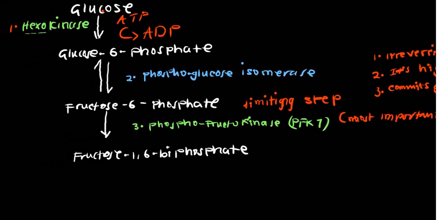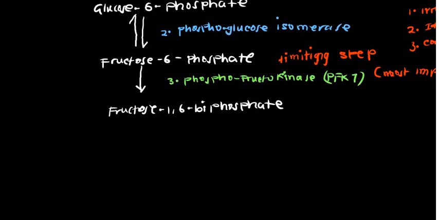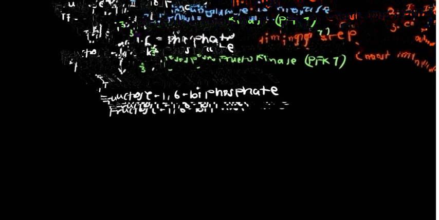So after you form fructose 1,6 biphosphate, the next step also needs ATP.